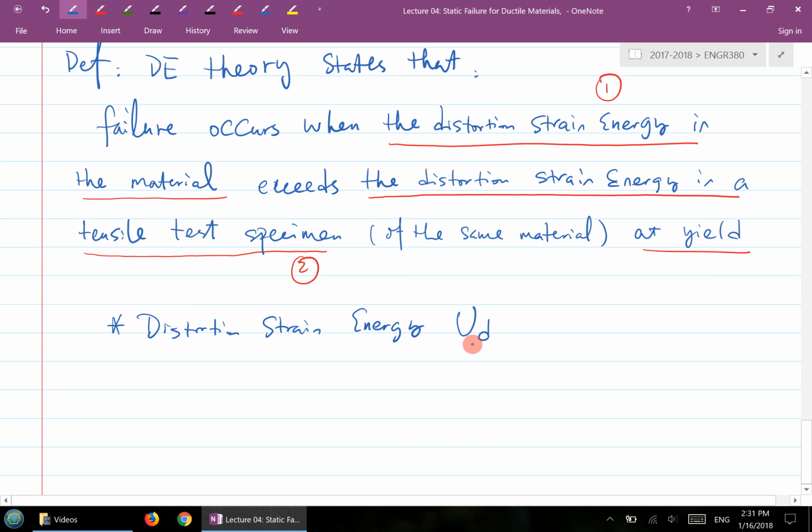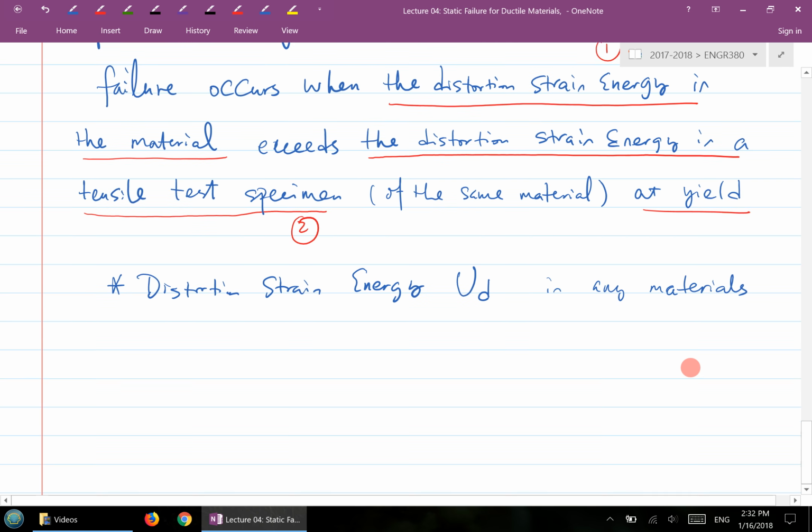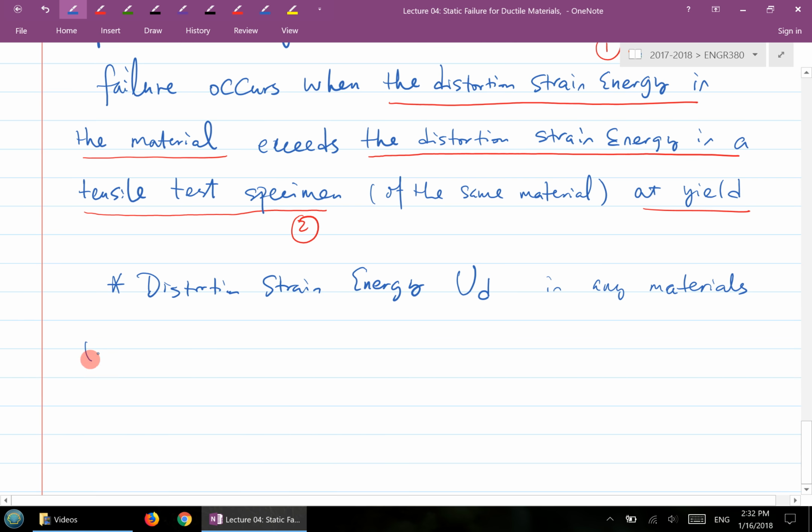First, let's look at just the distortion strain energy in general, in any material or any part under certain stress conditions, loading conditions. I'm going to write it down first, and then I'll explain it. My lecture notes have a very detailed proof for what I'm writing down here.